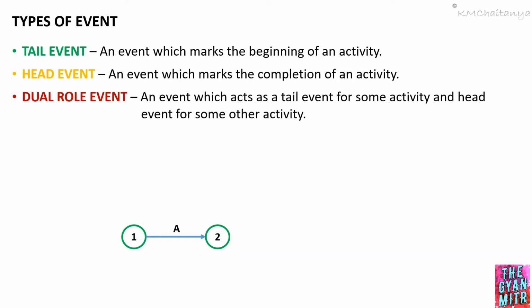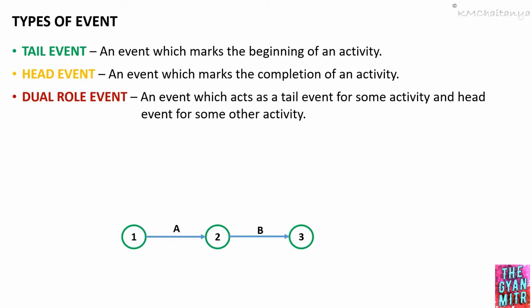Tail roll event: an event which acts as a tail event for some activities and head event for some other activity is called a tail roll event. Now in the example, we have activity B which is following activity A, and now we have 3 events: event 1, event 2 and event 3.